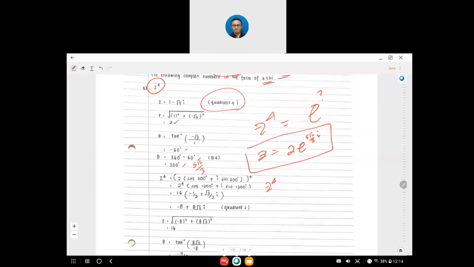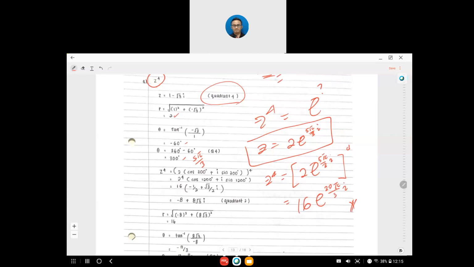So z to the power of 4, using this one, becomes 2 exponent 5 pi over 3i to the power of 4. So it becomes 16 exponent 20 pi over 3i. That is just the answer, but you must transform to a plus bi first.